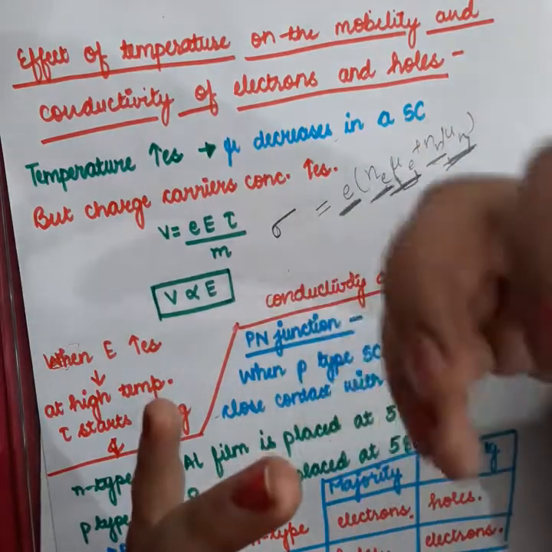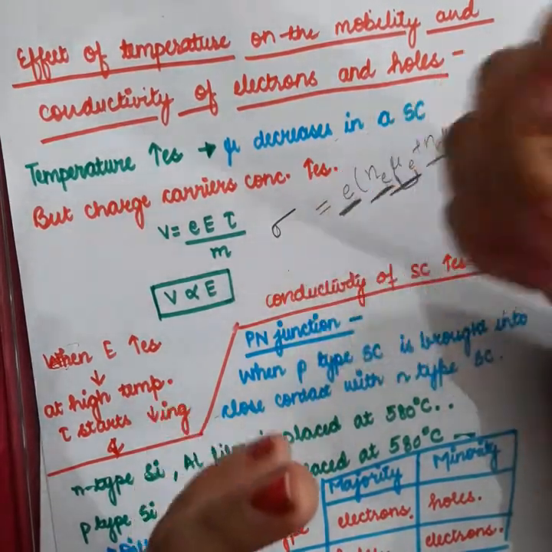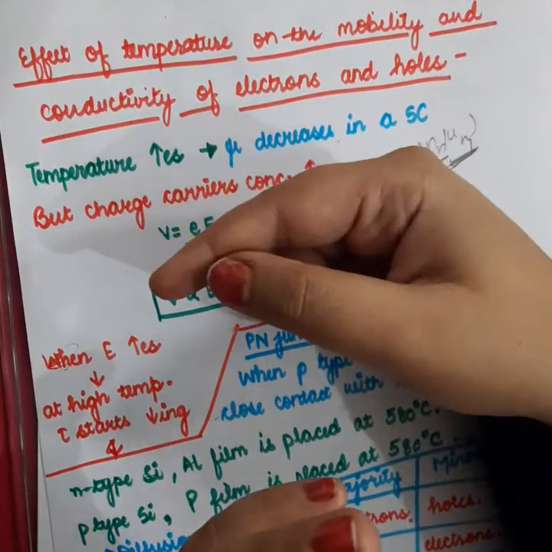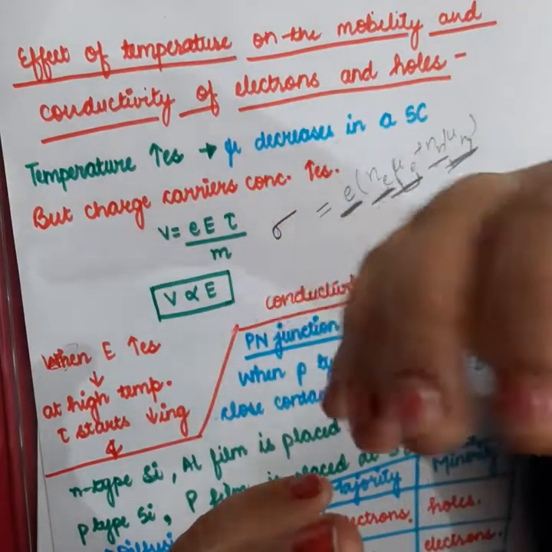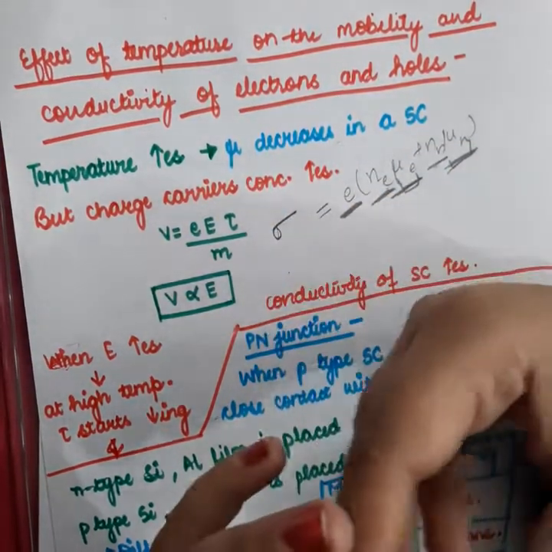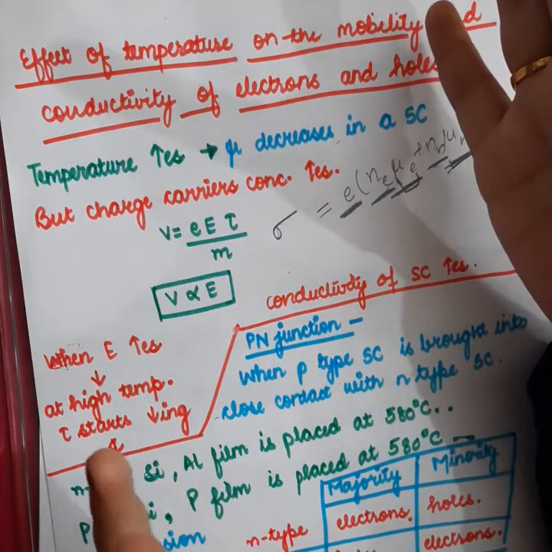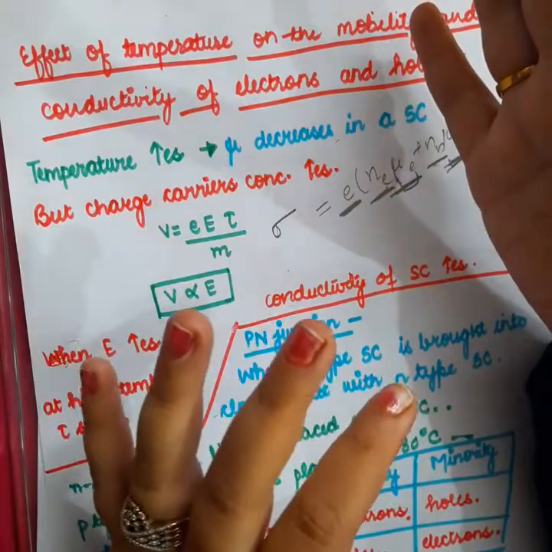The positive ions begin to vibrate and cause such a hindrance to the path of the flowing electrons that those electrons face so much resistance and conductivity eventually decreases.